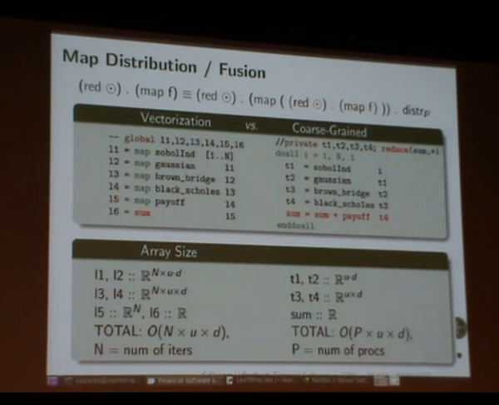So the difference between these two codes is that if you are looking at the memory complexity, the memory size that you need to execute this program is proportional to n, which is the number of iterations, while in this case it's proportional to p.